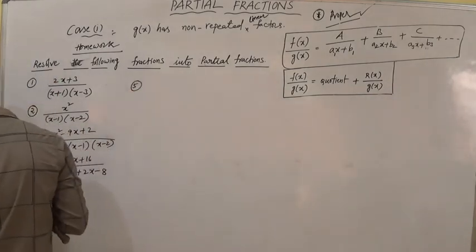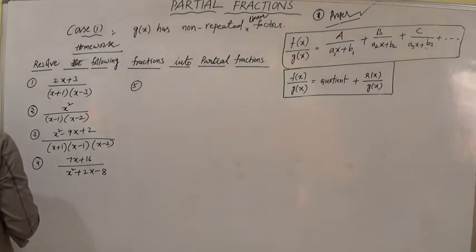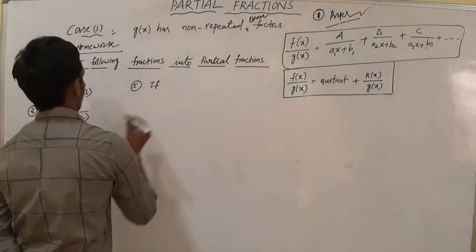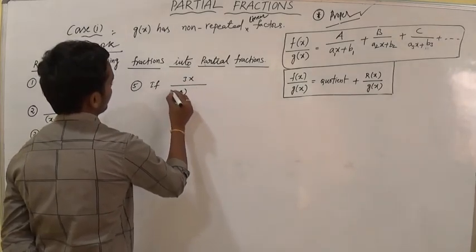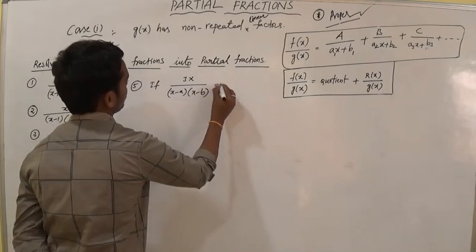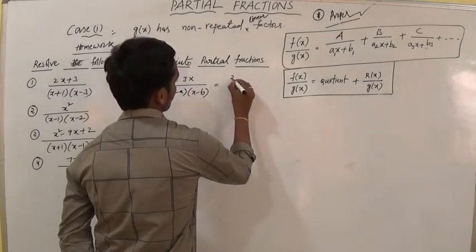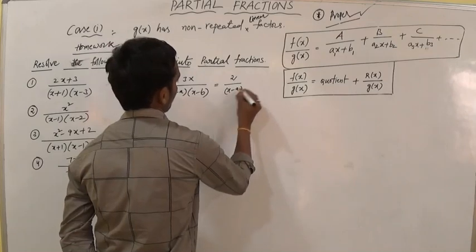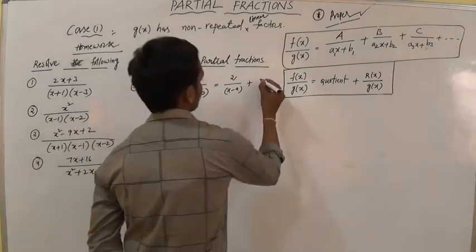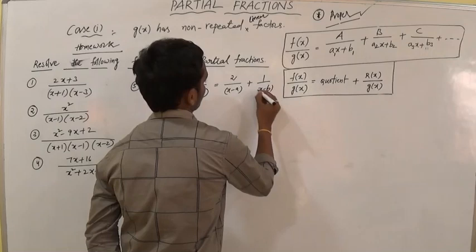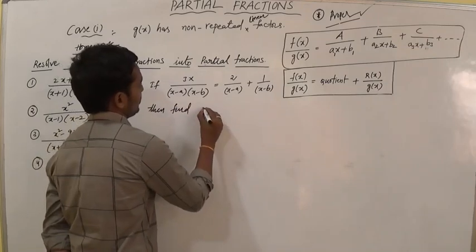And the fifth problem, if 3x by x minus a into x minus b is equal to 2 by x minus a plus 1 by x minus b, then find a is to b.